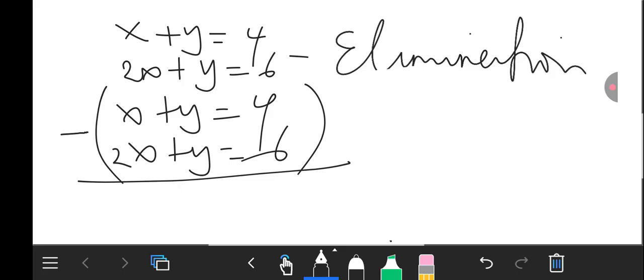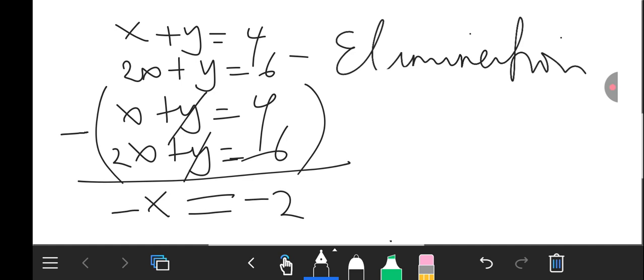So we are subtracting this equation. What is x minus 2x? That is negative x. Then y minus y, this will cancel, it is just 0. You don't need to write it. What is 4 minus 6? It will be negative 2.